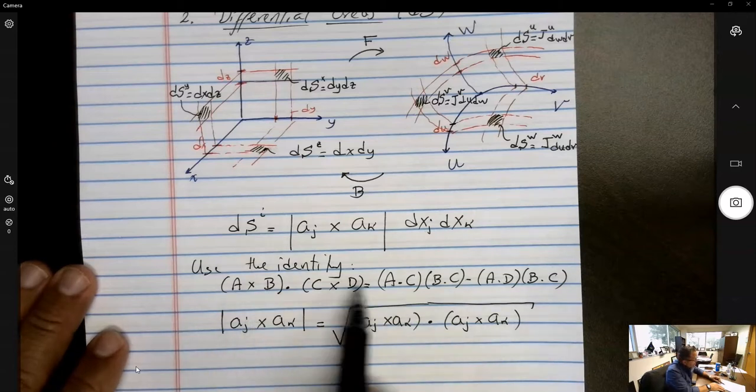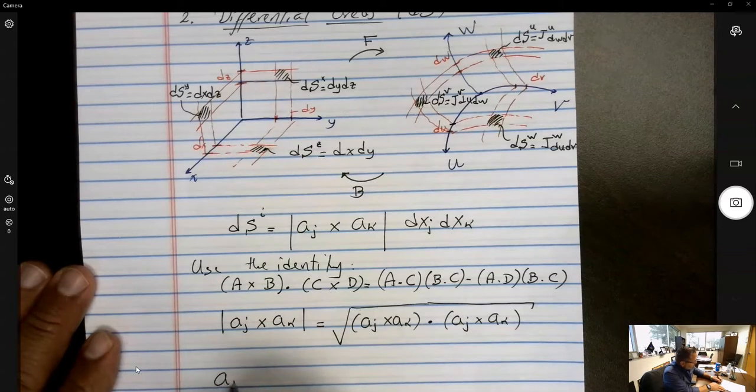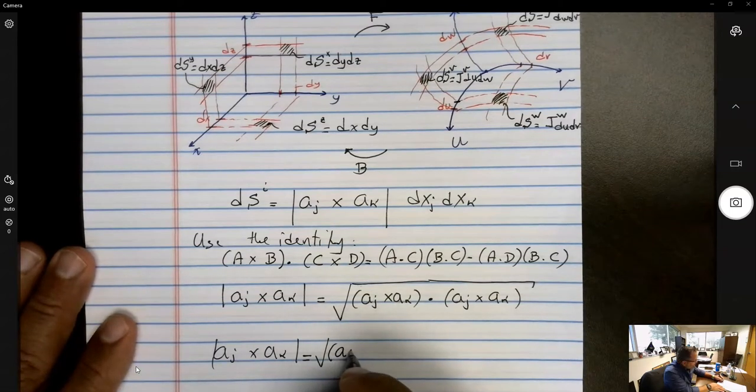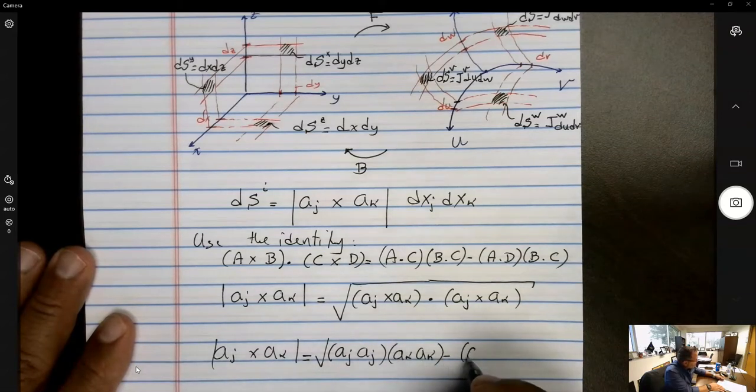And then we'll use this identity here and say the magnitude of AJ cross AK is equal to the square root of AJ·AJ times AK·AK, minus AJ·AK times AJ·AK.